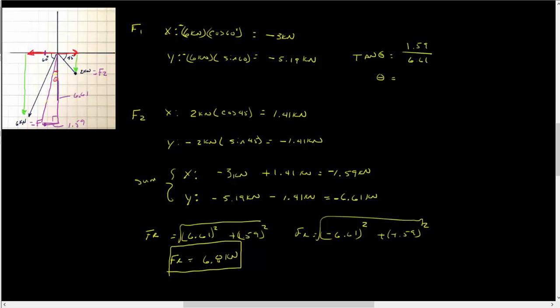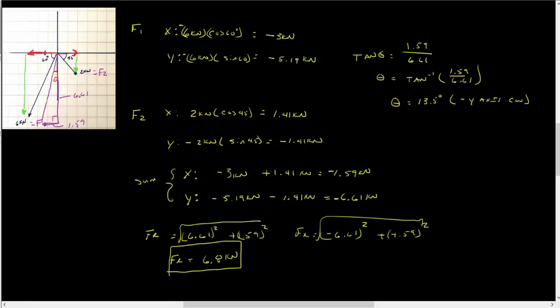So theta is going to be equal to the arctangent of those two. Plugging that into my calculator, remember, you have to be in degrees. If you're in radians, you're going to get something different. So make sure you calculate this on your calculator to get the same answer. I got 13.5 degrees. Now, again, this is from the negative y-axis, and this would be clockwise.